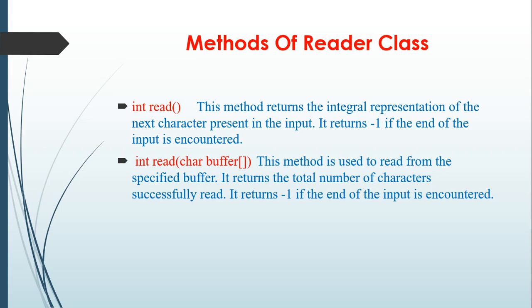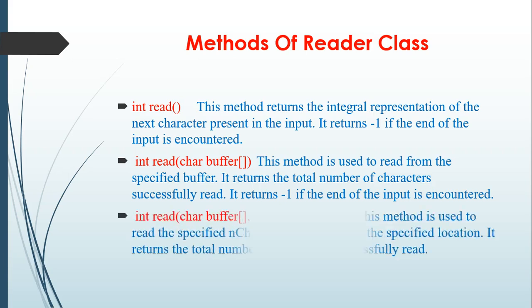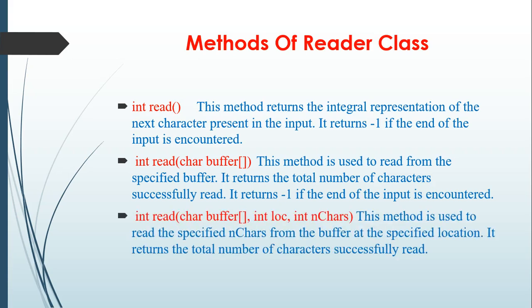It returns the total number of characters successfully read. If it returns -1, it means that the end of the input is encountered. int read(char[] buffer, int loc, int nchars). This method is used to read the specified nchars from the buffer at the specified location. It returns the total number of characters successfully read.